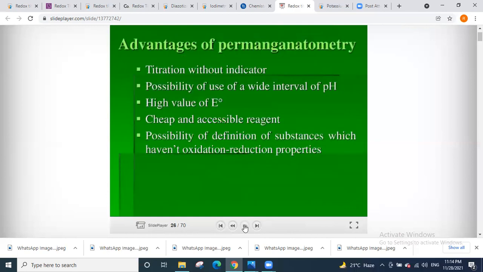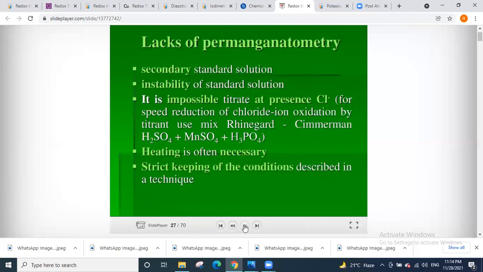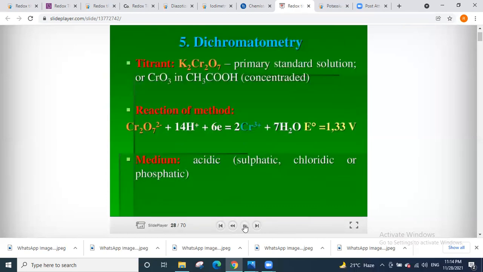Potassium dichromate is mostly used to quantify iron. Iron is quantified with the help of potassium dichromate.